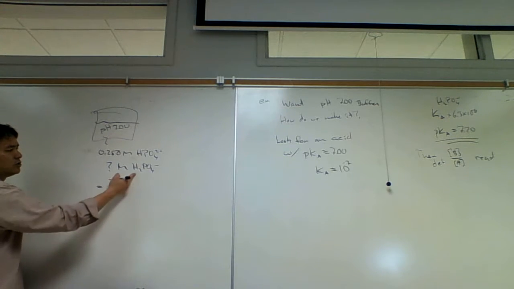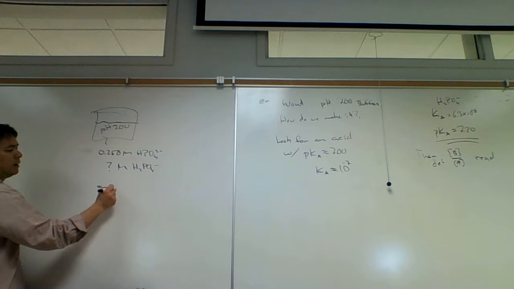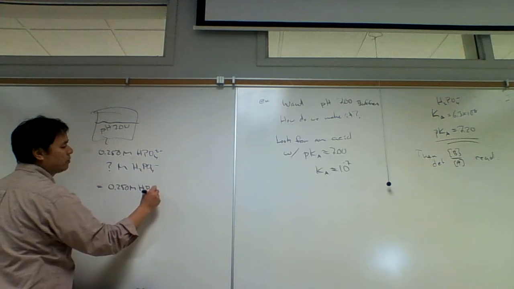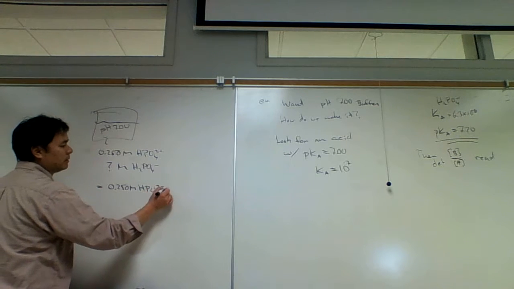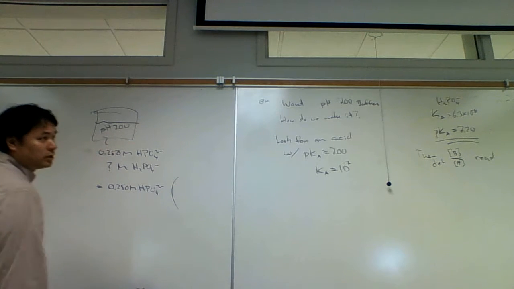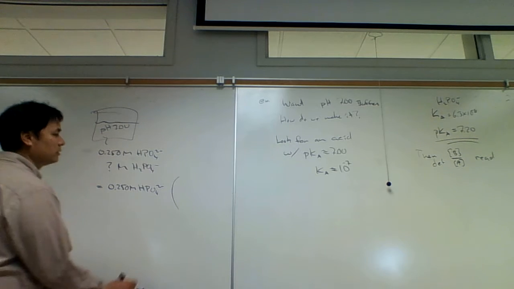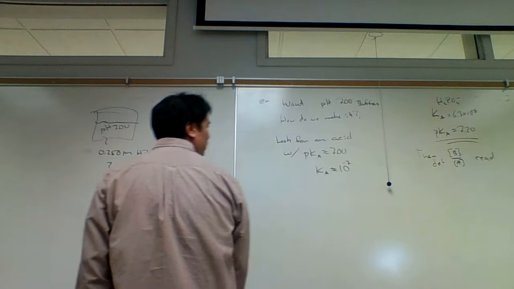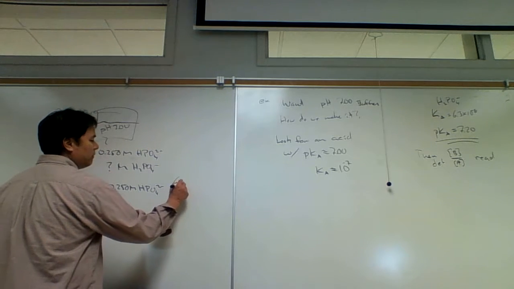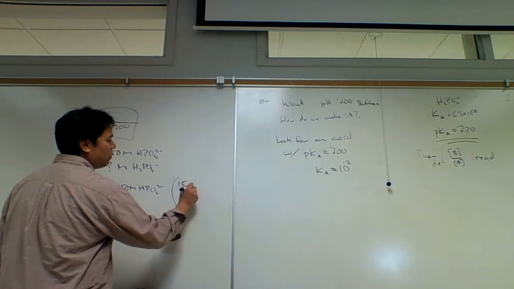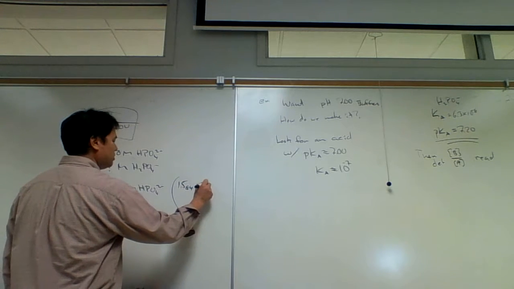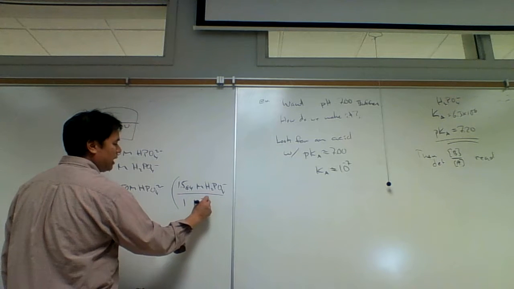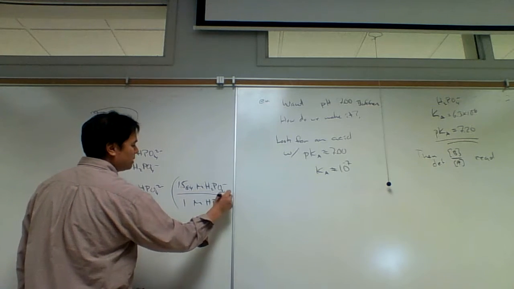And so the molarity of H2PO4 minus is going to be, I've got 0.250 molar HPO4 2 minus, and then I'm going to use the ratio there as a conversion factor. Looks like I'll do it this way. I need 1.584 molar H2PO4 minus for every 1 molar HPO4 2 minus.